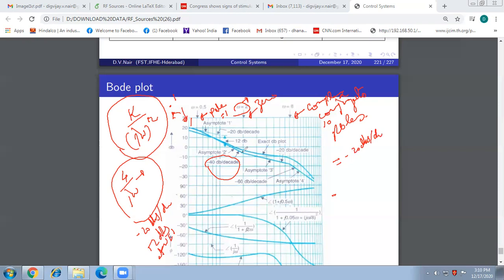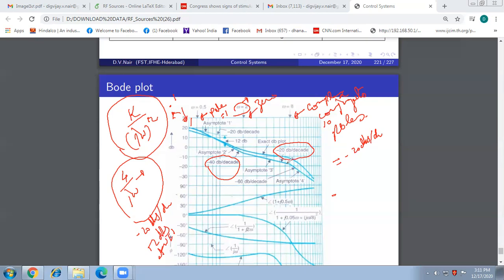So from the corner frequency of 2 radians per second, your resultant magnitude plot becomes a slope of minus 20 dBs per decade. That is what is written here. This straight line is of slope minus 20 dBs per decade, whereas the incoming straight line at omega equal to 2 was of slope minus 40 dBs per decade.